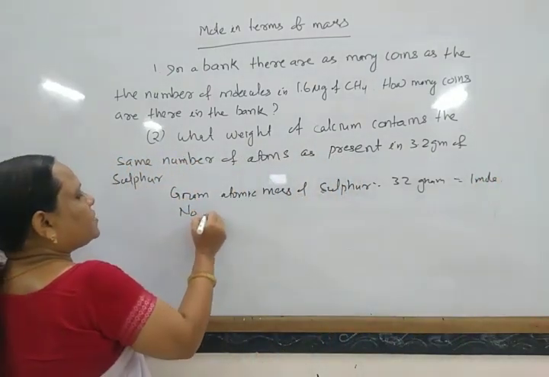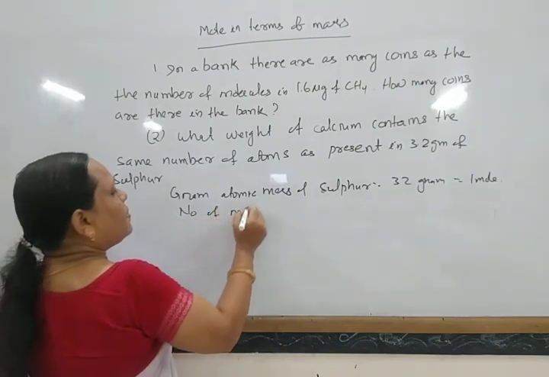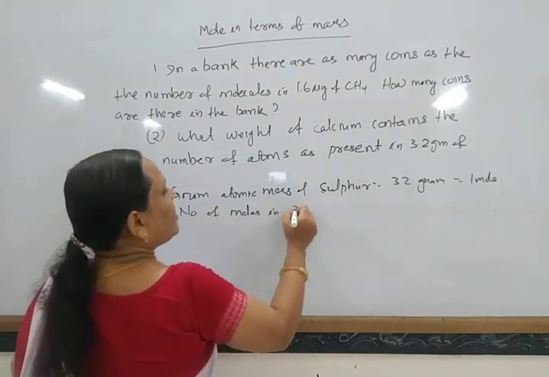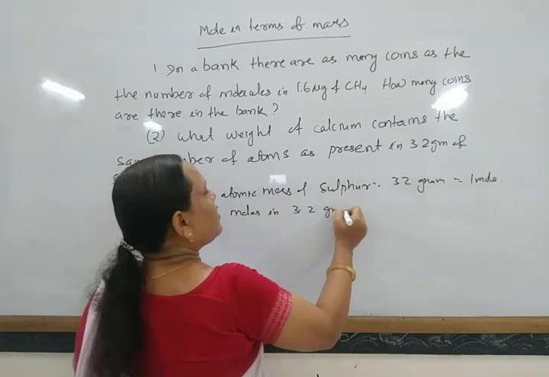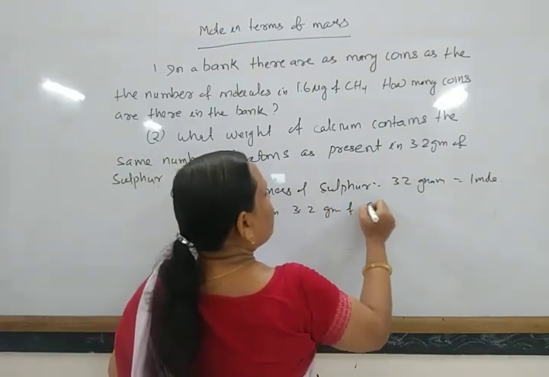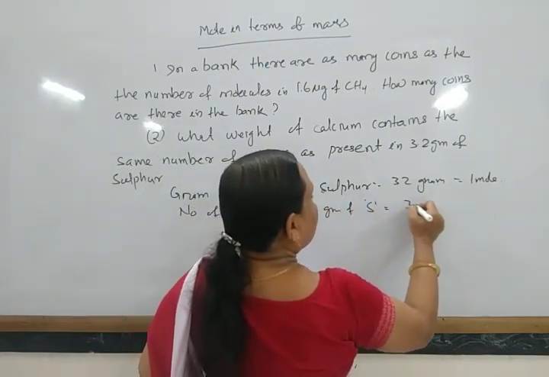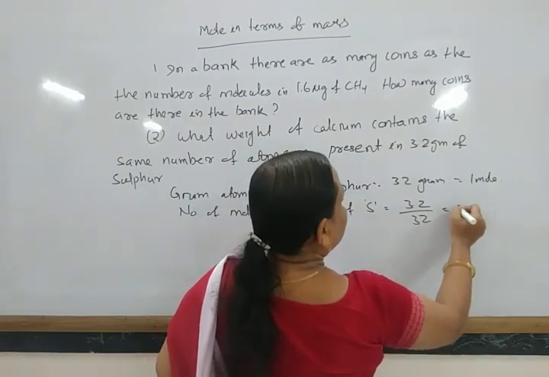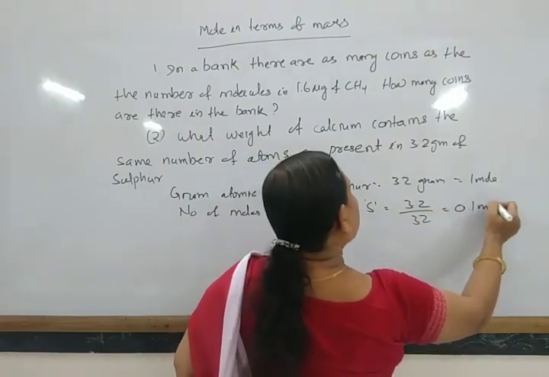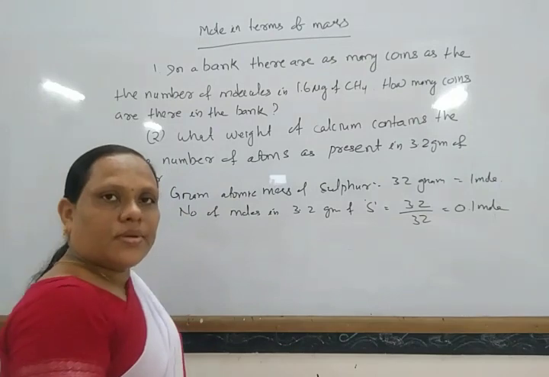Number of moles in 3.2 gram of sulfur, that is equal to 3.2 by 32, 0.1 mole.